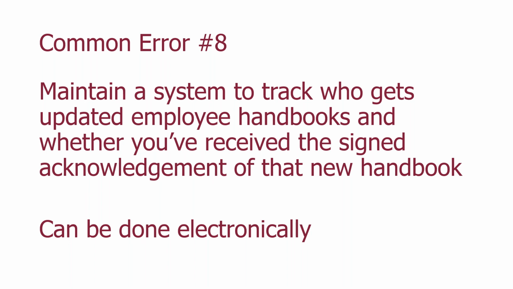So having the handbook policy, you can then say, see, Jane received this sexual harassment policy. She knew what she should have known, that what she did was sexual harassment. We then investigated. We disciplined her. There is no suit here for John. So having that system to track that is very important, and it can be done electronically.